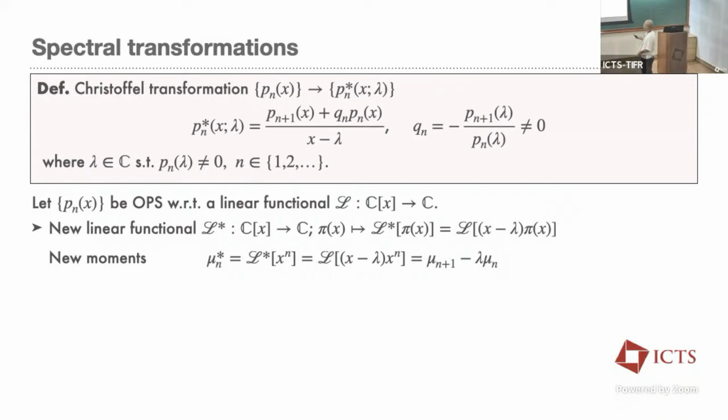Also, lambda is some arbitrary parameter, a spectral transformation parameter. But we have to assume that Pn of lambda should not be zero for all n. Otherwise, some zero division will happen.